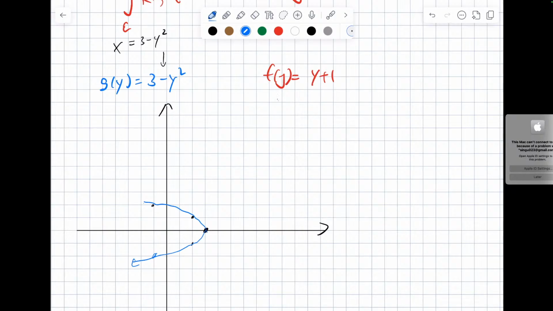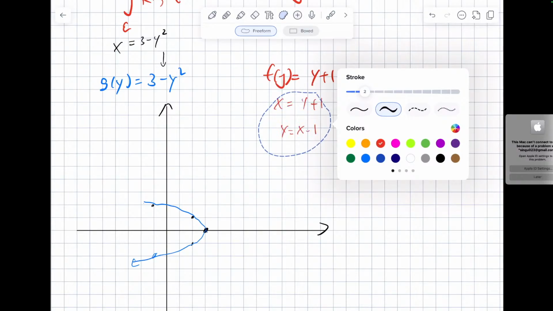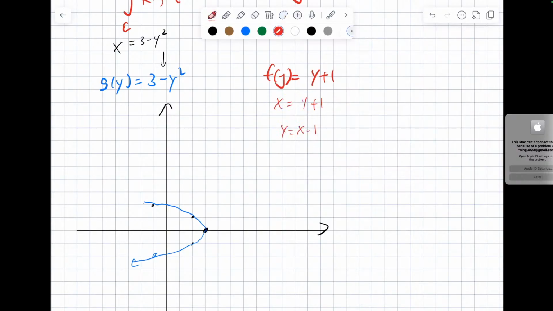If you really have a problem, change it to y equal to x minus 1. If I change that a little bit, this one is red. So this one still looks like this. Minus 1. Right, like this. Do you see it? Now here's my question.